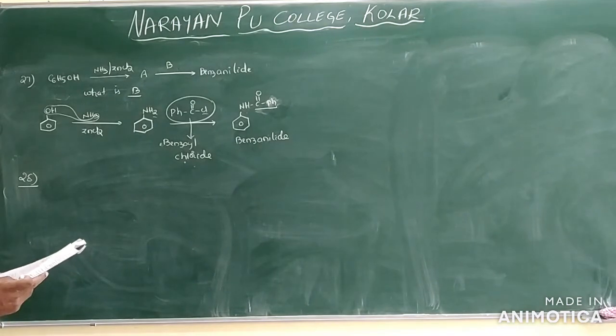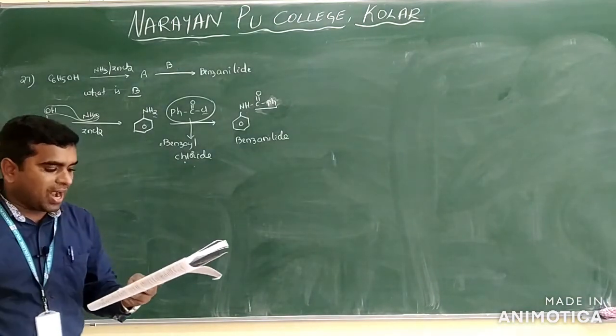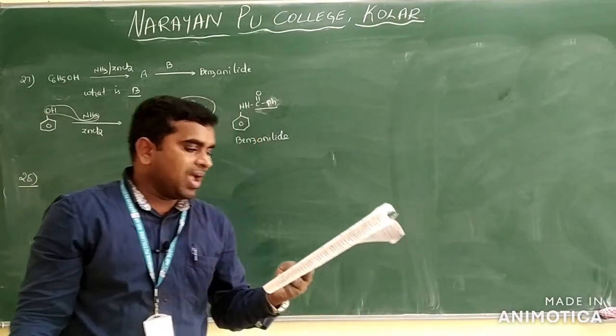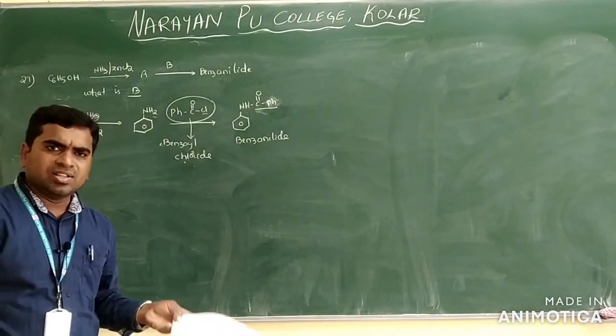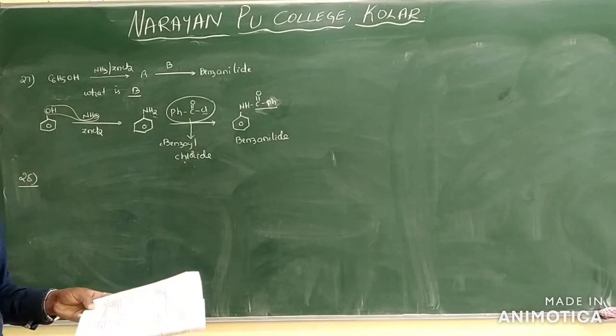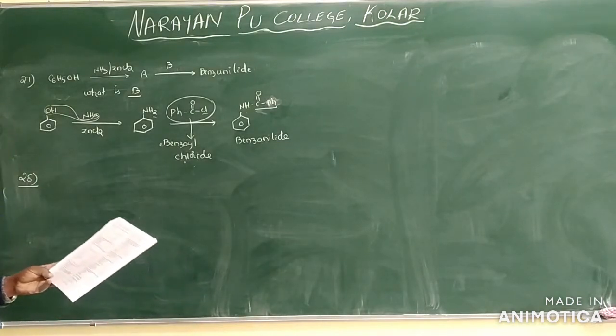Question number 28. Which of the following compounds undergoes hydrolysis most readily by aqueous NaOH to furnish the corresponding phenol? This question we have already discussed in haloalkanes and haloarenes.